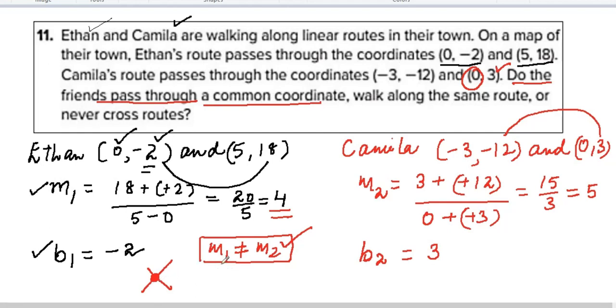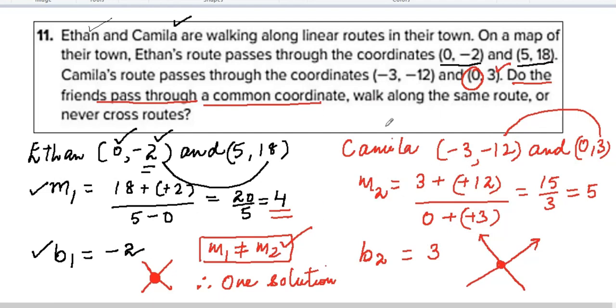So here you can write, because m1 is not equal to m2, therefore we have one solution. One solution means the lines are intersecting, so they are meeting at this point. Suppose Ethan is going this side and Camilla is going this side, so they are intersecting at one point.